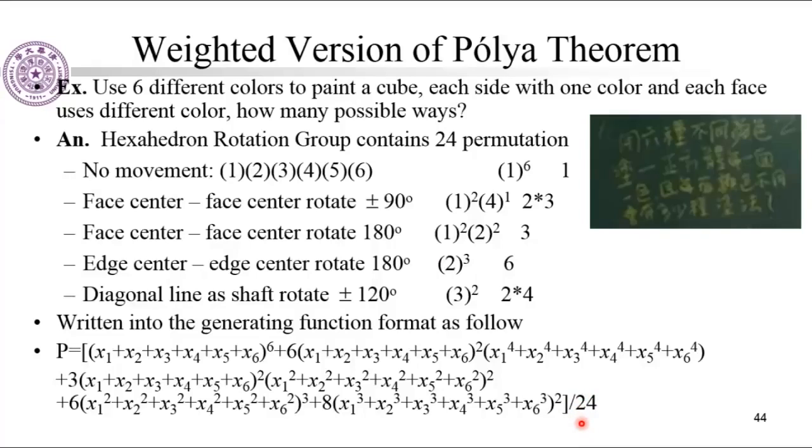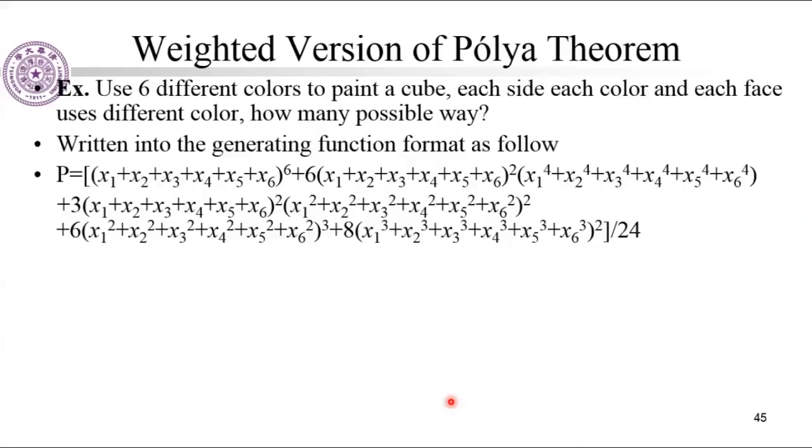The generating function for the face coloring: what are we requiring? We are requiring each face is colored with 1 color and each face is colored with a different color. It simply means that x1, x2, x3, x4, x5, x6 may all be used. Because after having this kind of generating function, what is requested is the coefficient of x1 multiplied by x2 multiplied by x3 until x6.